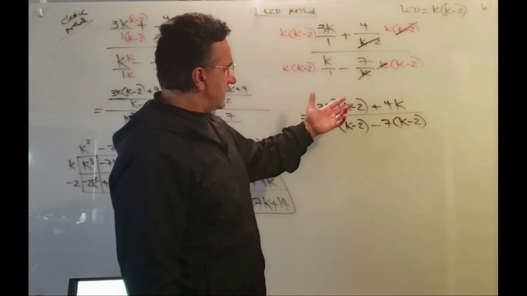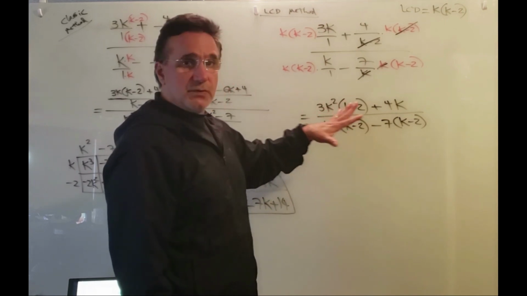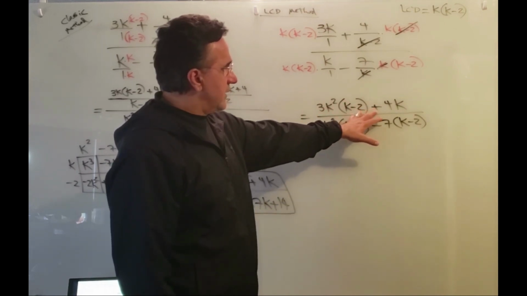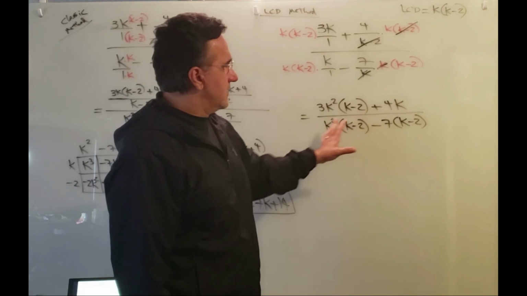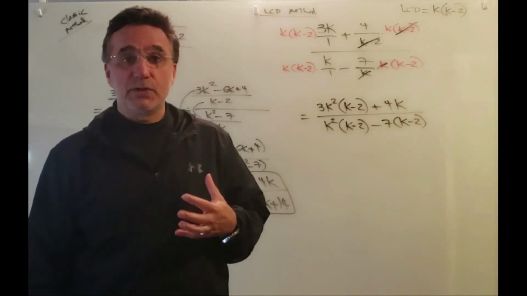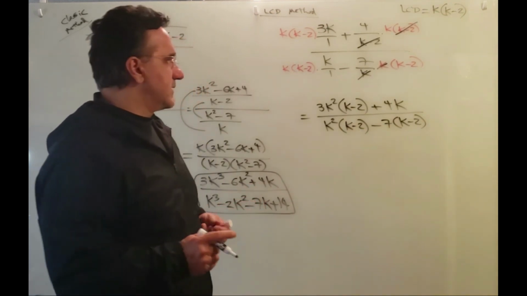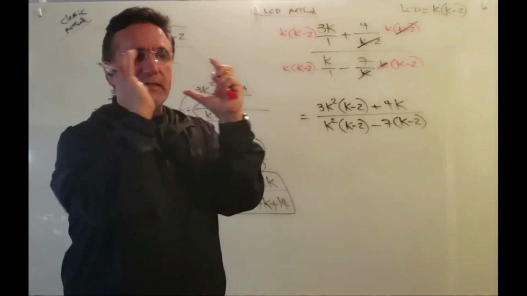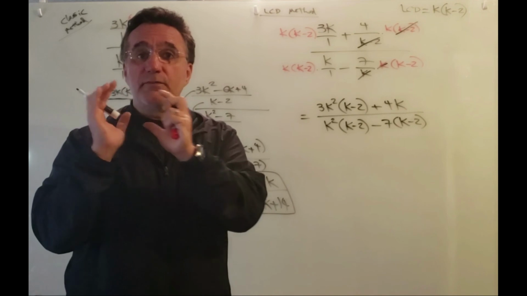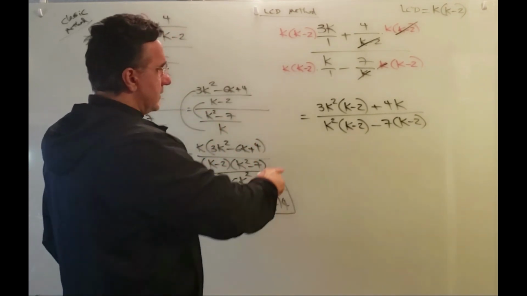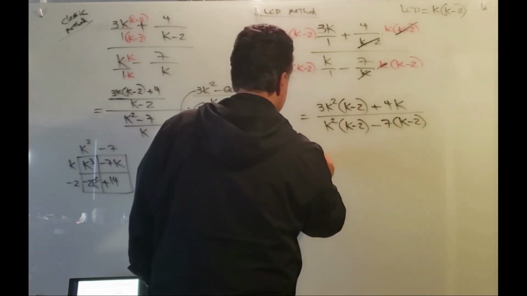So there may be the temptation of canceling, but you know that we can't do that because there are terms, and we never cross cancel terms or any parts of terms. The only time we can cross cancel is when all we see on the top or on the bottom are factors, okay? So notice that we have to just go ahead and distribute this out.